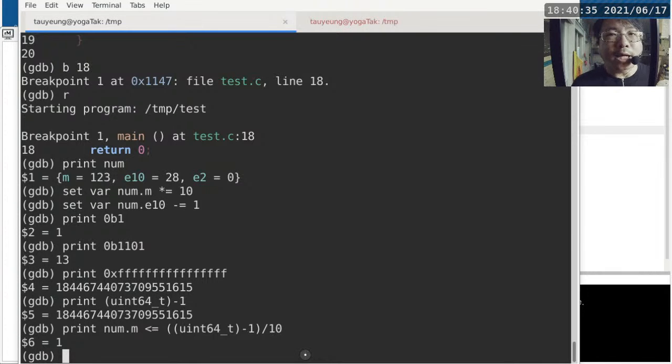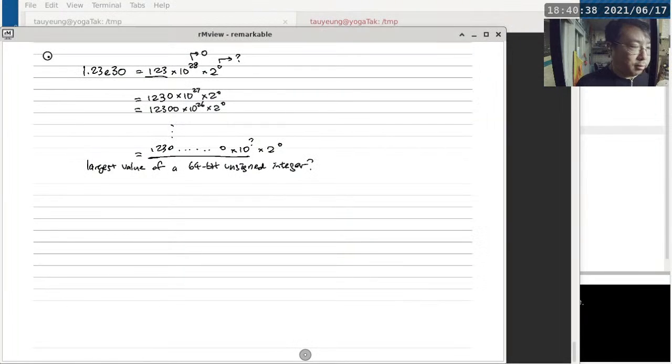Okay, if that doesn't make sense, let's do some algebra. The question is, if I multiply m by 10, is it going to exceed what we can represent using a 64-bit unsigned integer? This is what we want to figure out, and we only want to keep multiplying m by 10 if the answer is false.